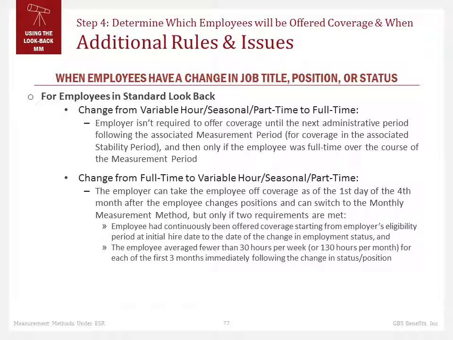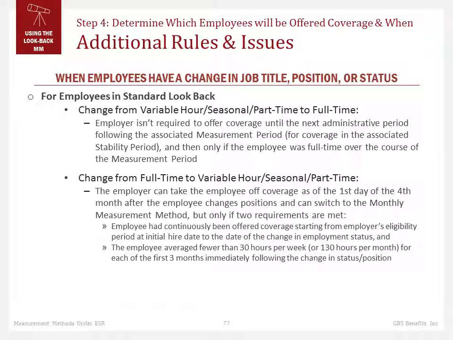But this rule listed here must be followed. You can take the employee off coverage as of the first day of the 4th month. This assumes it's before the end of your look back cycle or stability period.